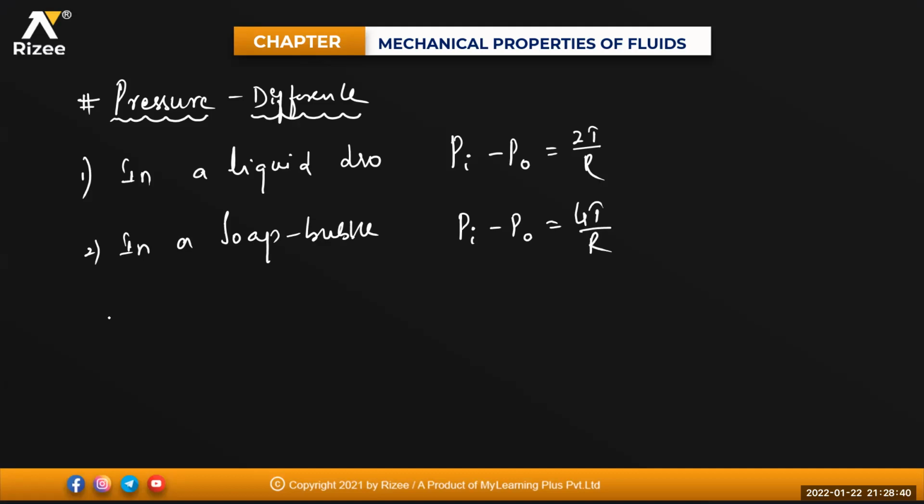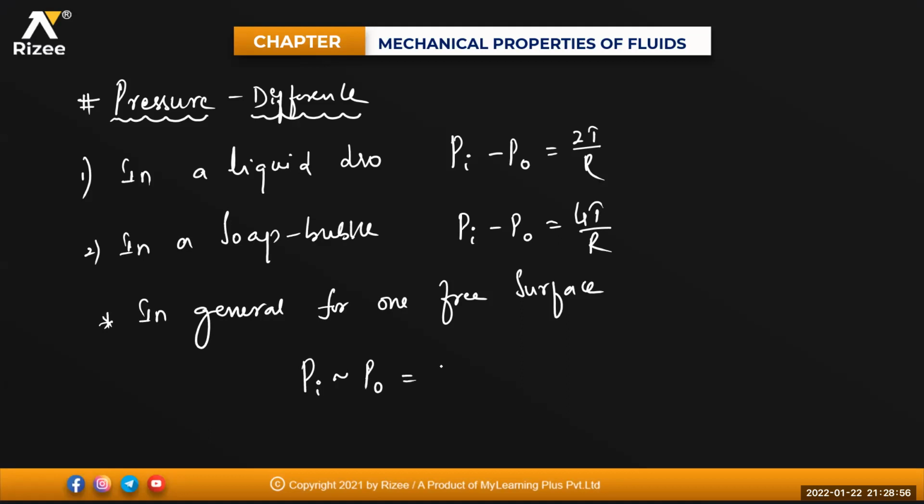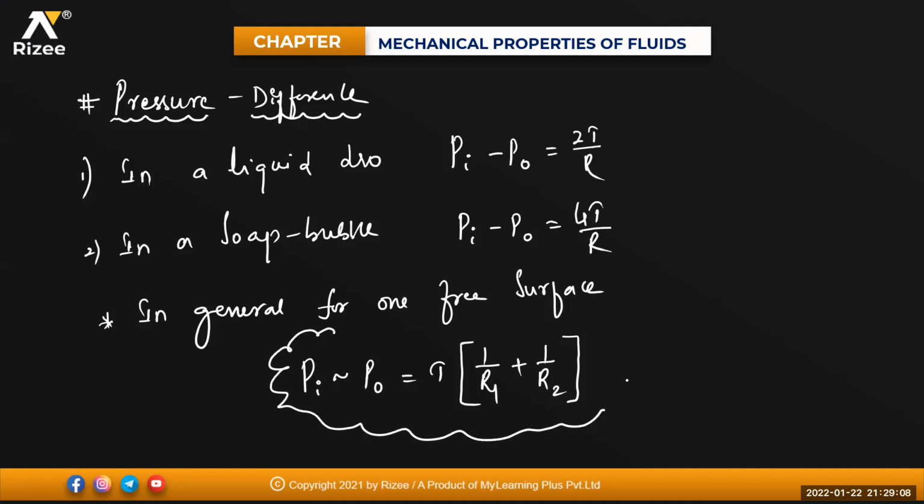So I can write in general, for one free surface, the excess pressure P inside minus P naught is equal to T into 1 by R1 plus 1 by R2.